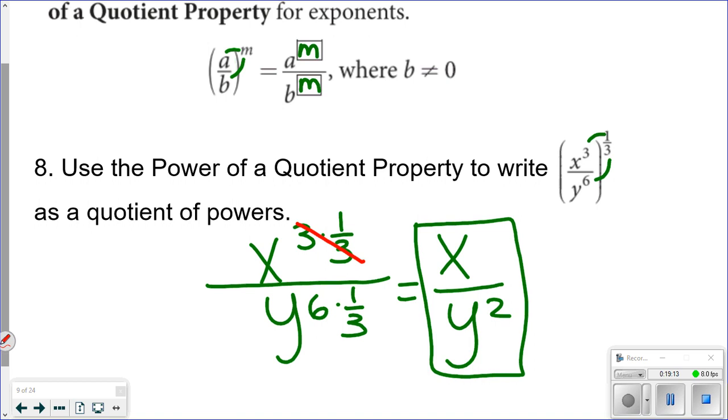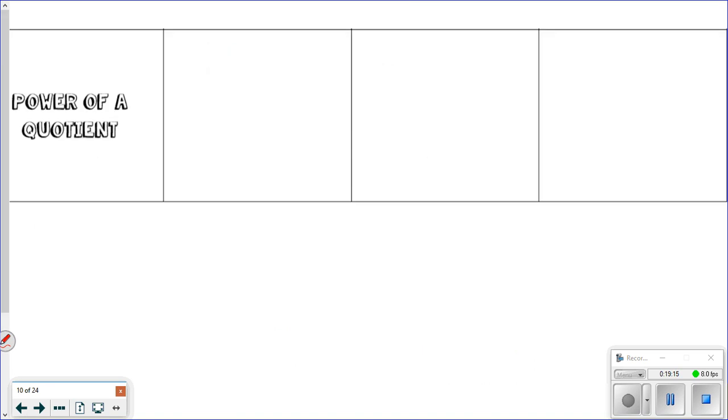And this is our last property that we're going to go ahead and add on our sheet, power of a quotient.